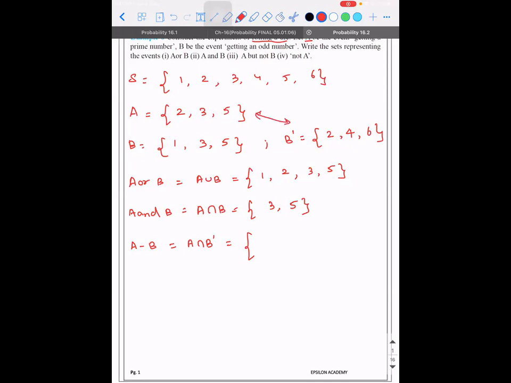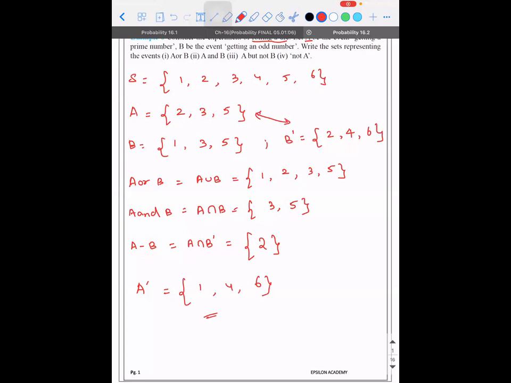What is common, guys? 2, sir. It is not 1, it is 2. Similarly, A dash is 1, 4, 6.